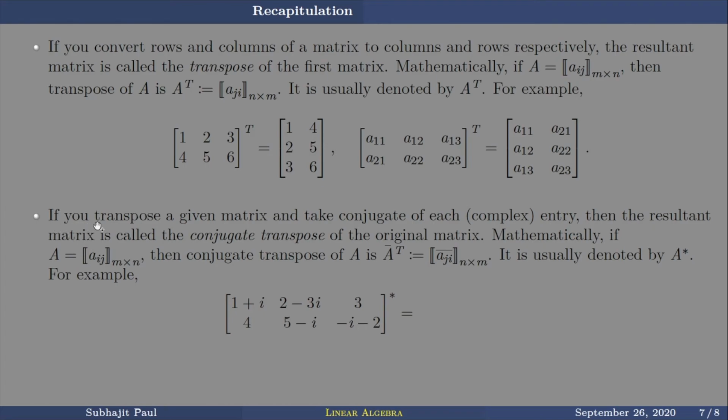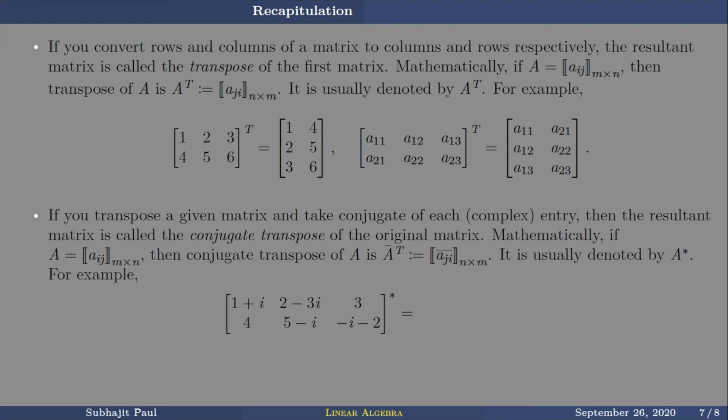All right, now coming to the next point. If you transpose the given matrix and then take the conjugate of each complex number entry, you can take the conjugate of every entry as well, even if it is real, no problem. Then the resultant matrix is called the conjugate transpose of the original matrix. When we particularly work with complex matrices, the transpose does not always give us the desired result.